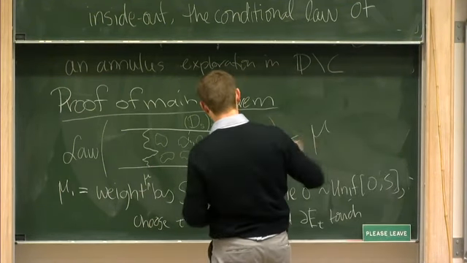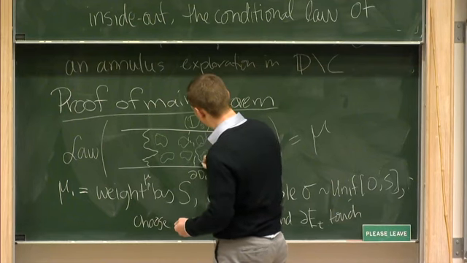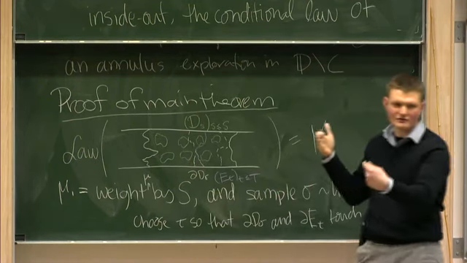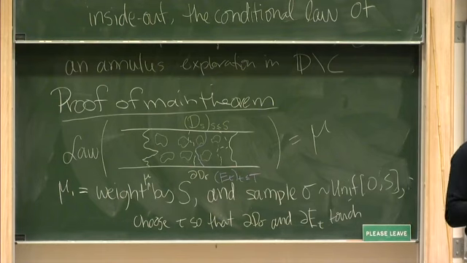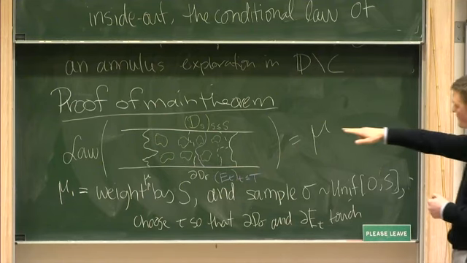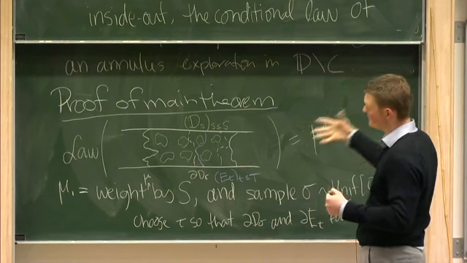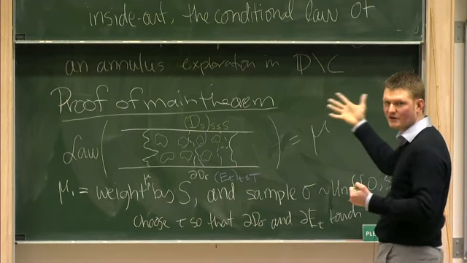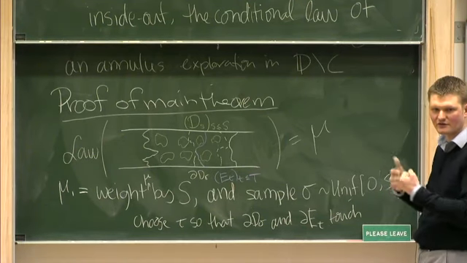So we're imagining this picture now. We want to have these metric balls touching so that we study something like this. So sigma is just a contour selected uniformly at random from exploration time, and then tau is chosen in some perhaps complicated way depending on sigma so that they're touching.